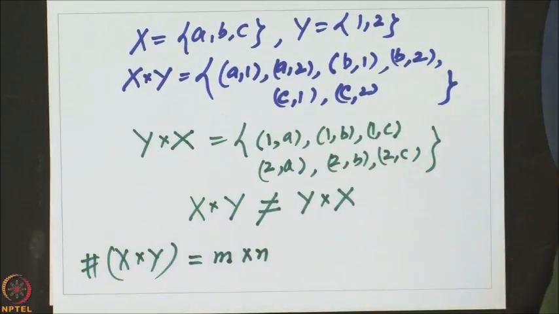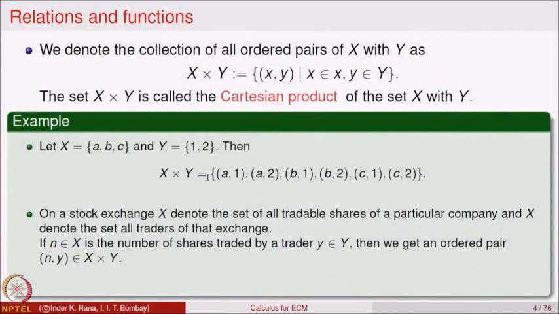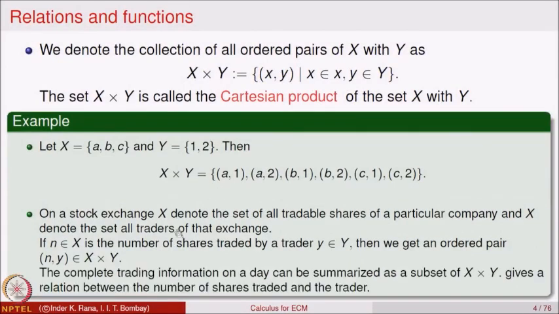So, let us come back to our study of ordered pairs of elements of X and elements of Y. The idea is that the complete trading information on a day can be summarized as a subset of X cross Y, right, where X is the number of shares being traded and Y is the set of all traders.